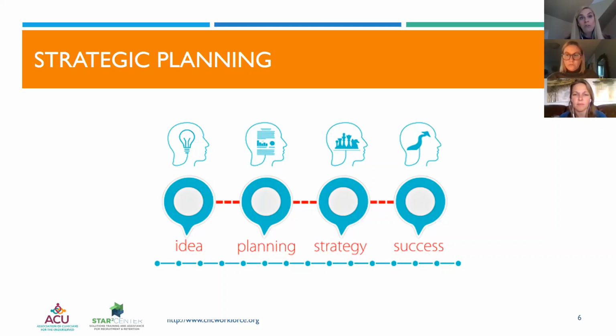For those of you who have been around for a while here at the STAR Center, you've seen this graphic before, but I think it's a great representation of taking something and making it successful. You start with an idea, then you have to plan around it, depending on what it is, come up with a strategy, and then you're going to have success.